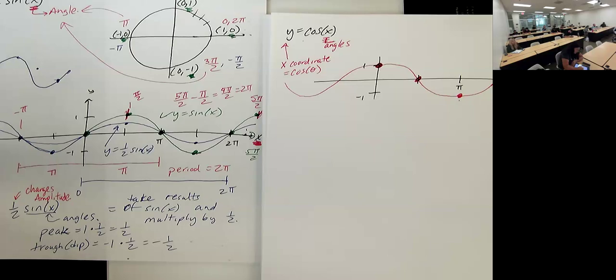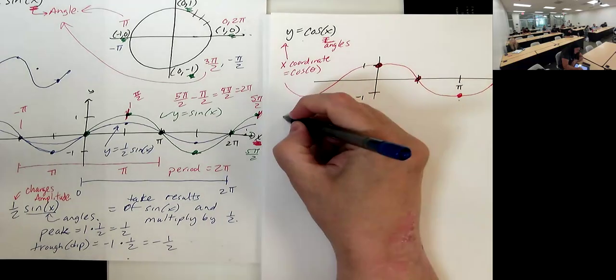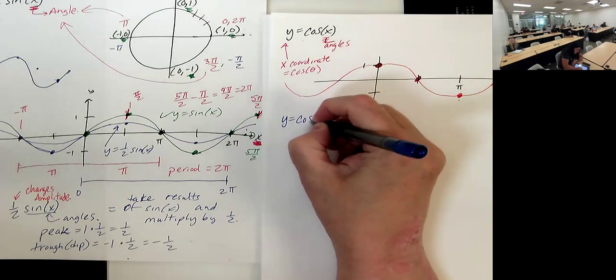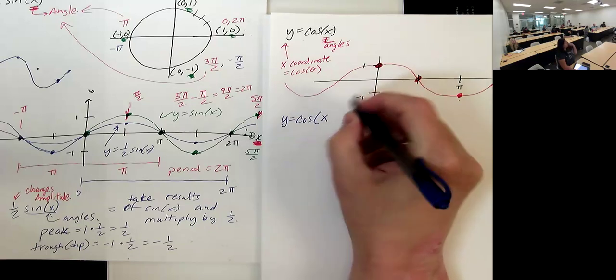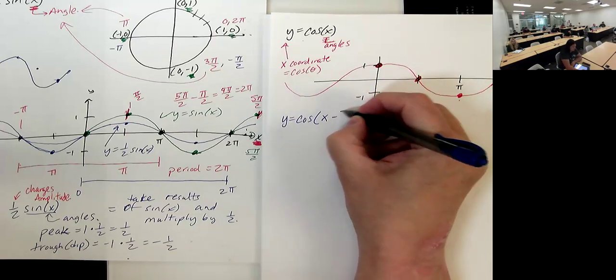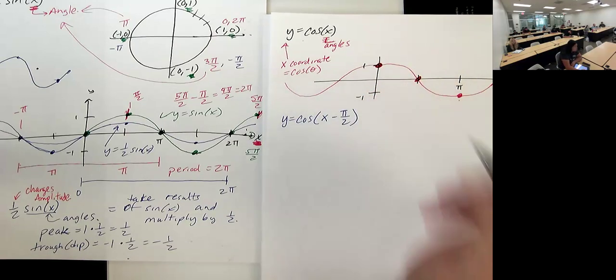Before we get to changing the period, I want to do another graph on here. Our period's going to stay the same, but we're going to shift the values by saying x minus pi over 2.